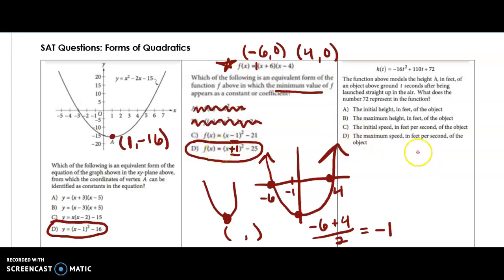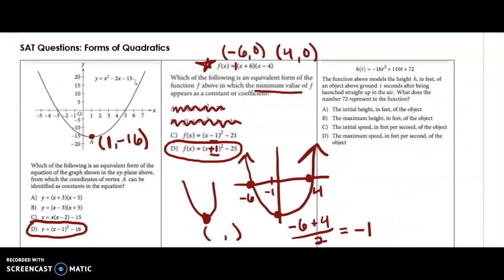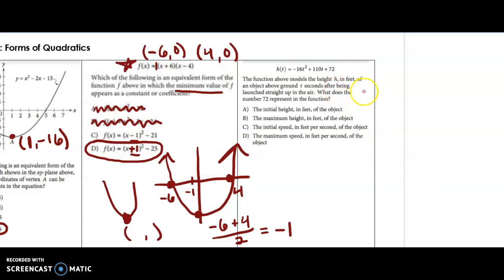All right, let's talk about number 3. The function above models the height, h, in feet of an object above ground, t seconds after being launched straight up in the air. What does the number 72 represent in the function? Well, again, we know from what we talked about, if we see the equation of our quadratic in standard form, we are looking at this constant, that is our y-intercept.